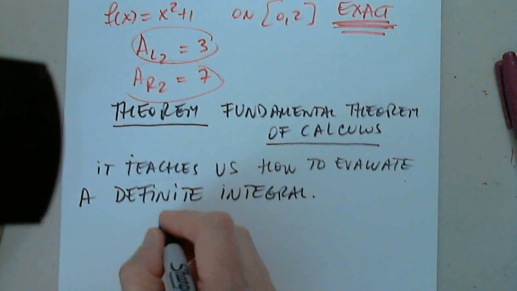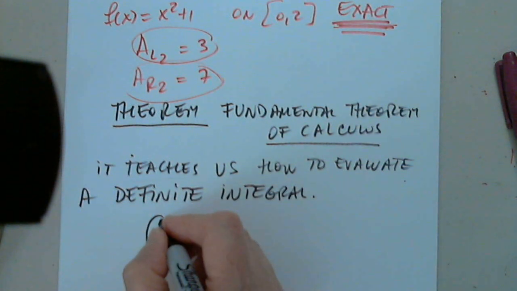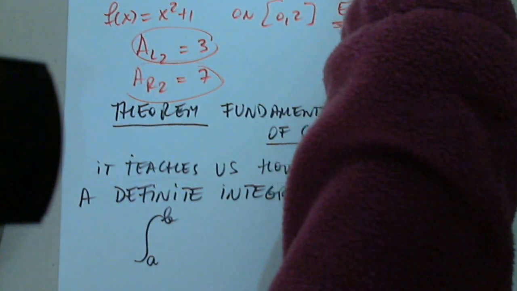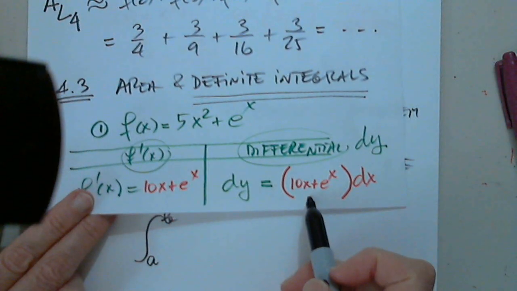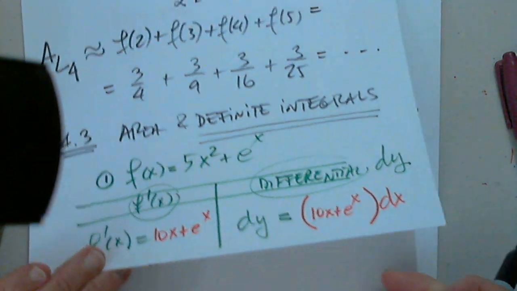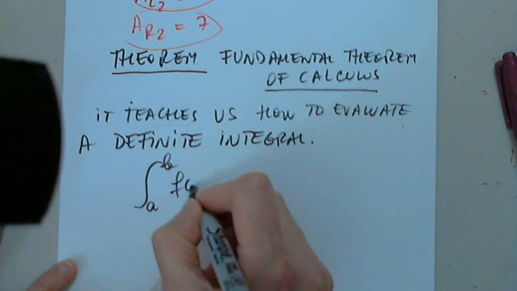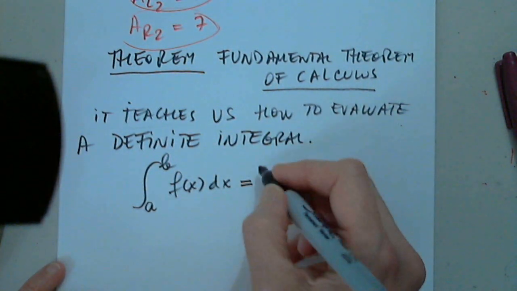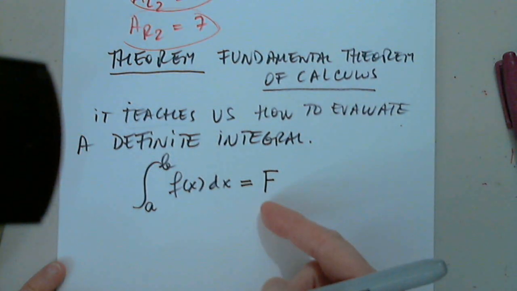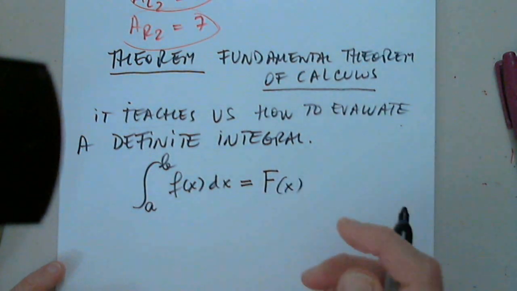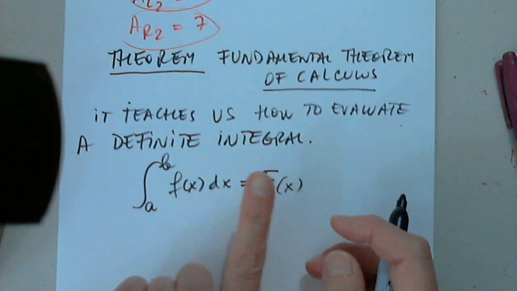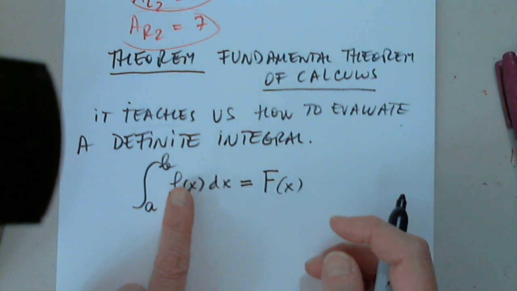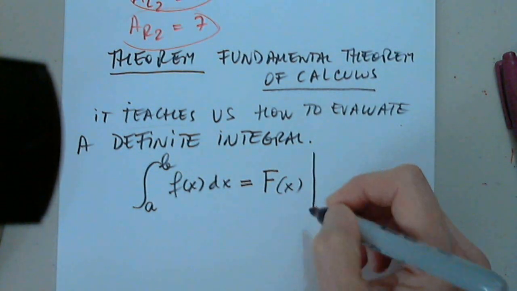So here is the general example. The definite integral from a to b of a function f of x dx is the most general antiderivative. We use a different notation, of course, it's a different function. In other words, this function prime is this function. This function is the antiderivative of this function, evaluated from a to b.